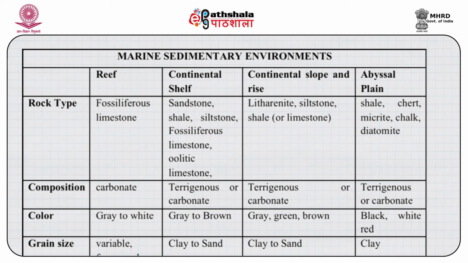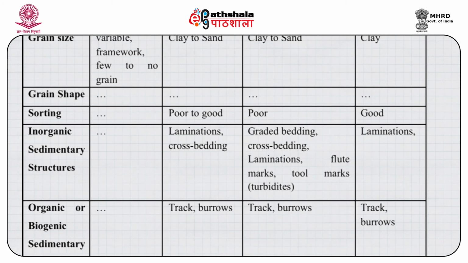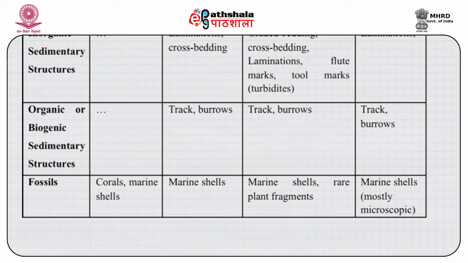The grain size is variable, framework elements also vary. Good sorting is not expected, but fossils are abundantly present in a reef. So, corals and marine shells are common in a reef environment.